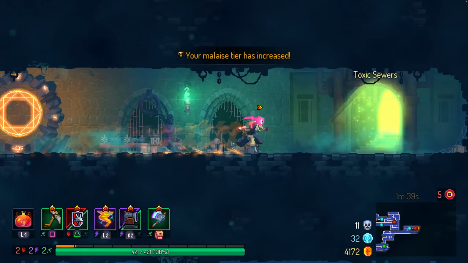Let's try not to die this time. I always hate doing the bank at an earlier level. That's not red.